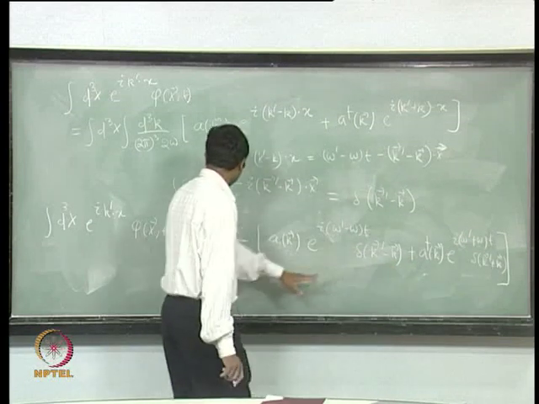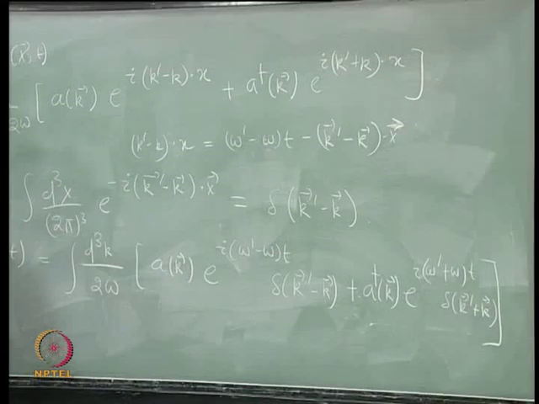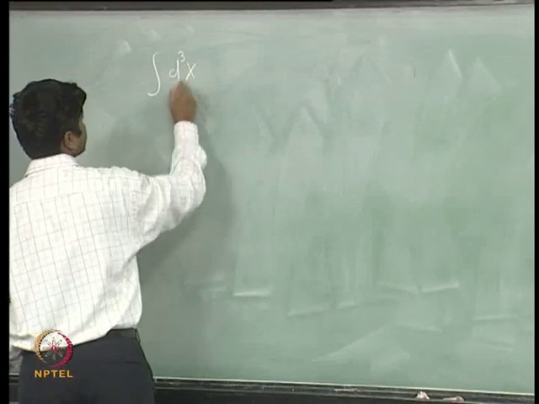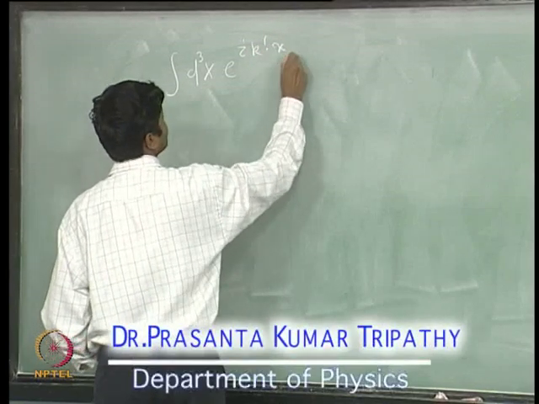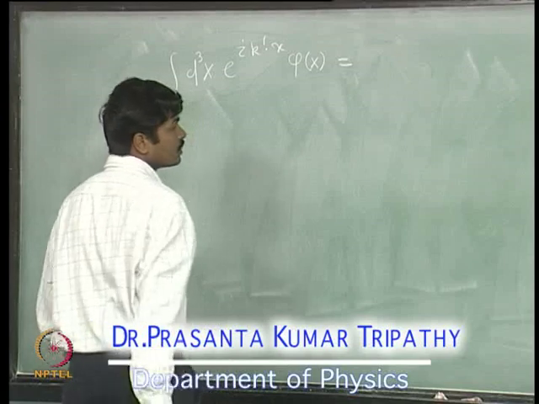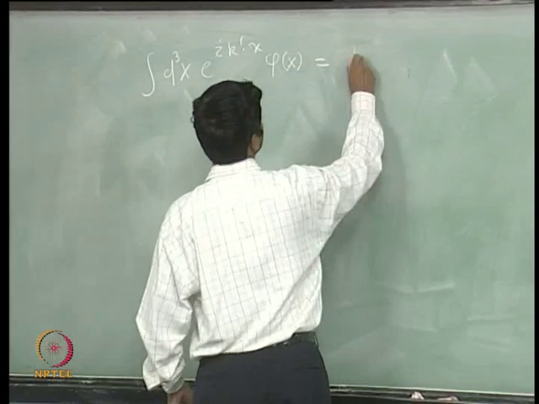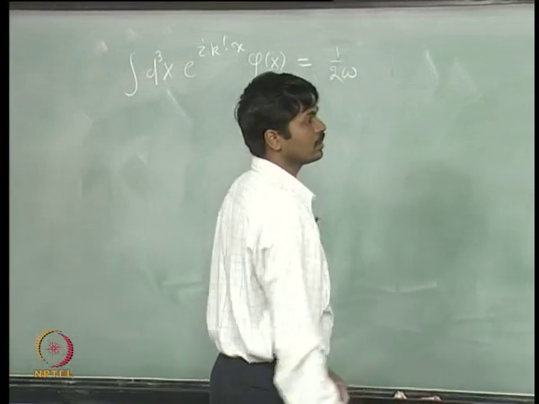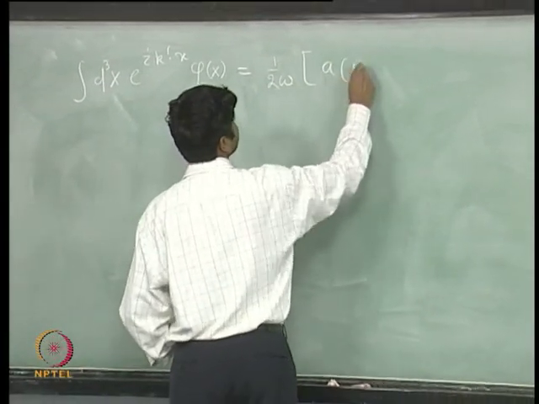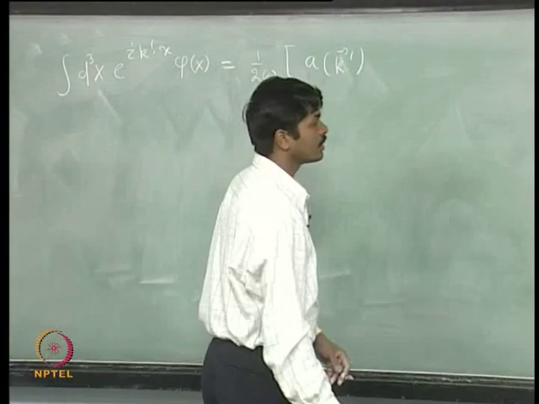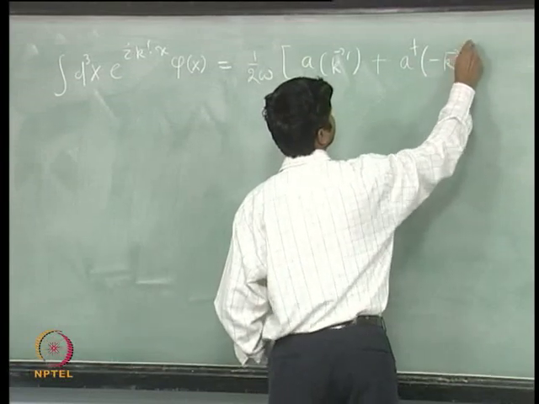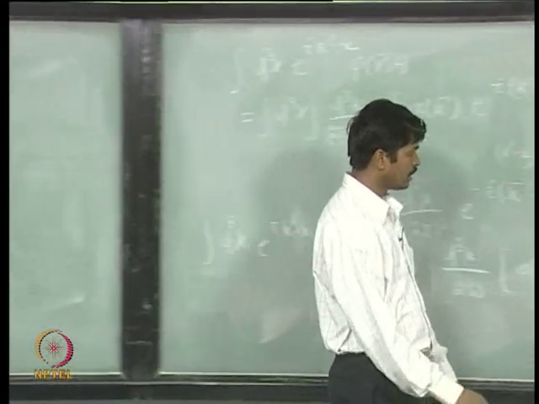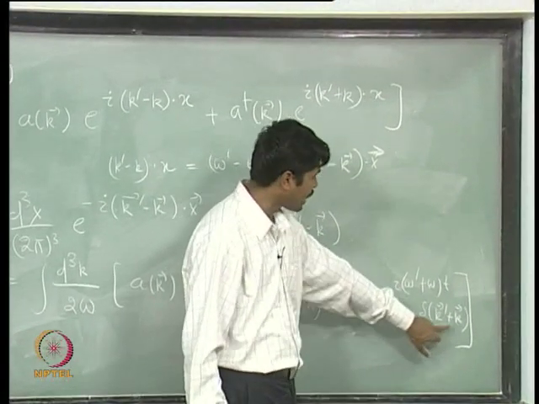So, when you carry out this integration, what you get is integration d cube x e to the power i k prime dot x phi of x is equal to 1 over 2 omega, a of k prime plus a dagger of minus k prime, because as you can see here you have delta of k prime plus k.